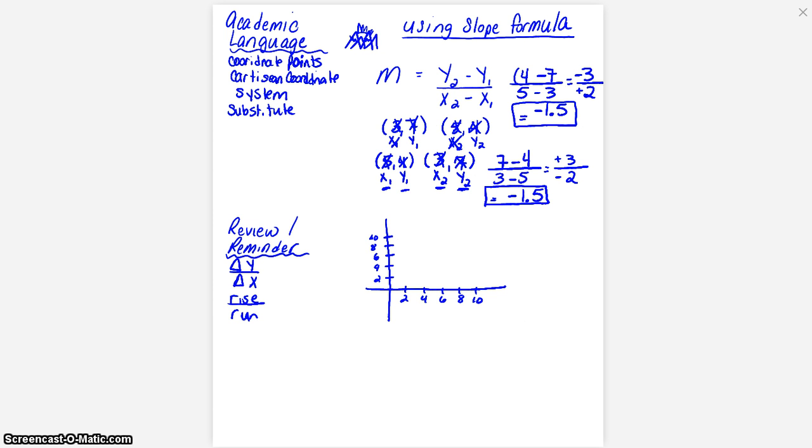So 3, 7, 3 is here, and 7 will be here. So that's approximately my first point. And my second point was 5, 4. Okay? And as you can see, it's a negative slope. It's a very steep one, at least the one I drew, because I did it off the cuff. It's a negative slope.